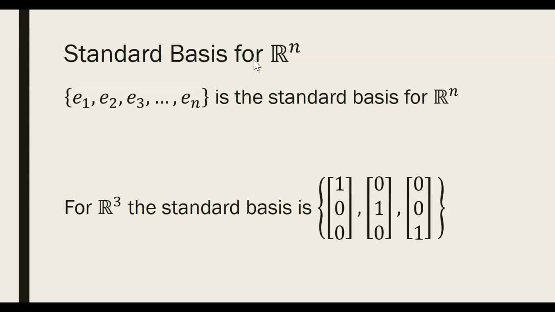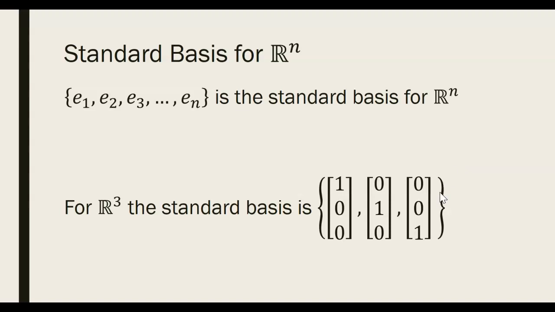If I think about a generating set for Rn, it turns out those elementary vectors, e1, e2, e3, that we looked at back in the last chapter, if I put all of those together, that is the standard basis for Rn. So for instance, in R3, if you forget what these e's are, e1 is a 1 in the first spot and zeros elsewhere. e2 is a 1 in the second spot and zeros elsewhere. e3 is a 1 in the third spot and zeros elsewhere.